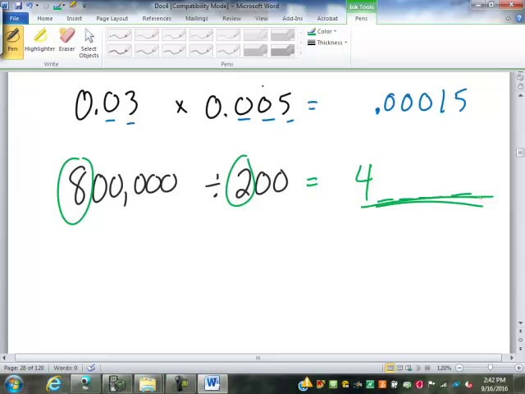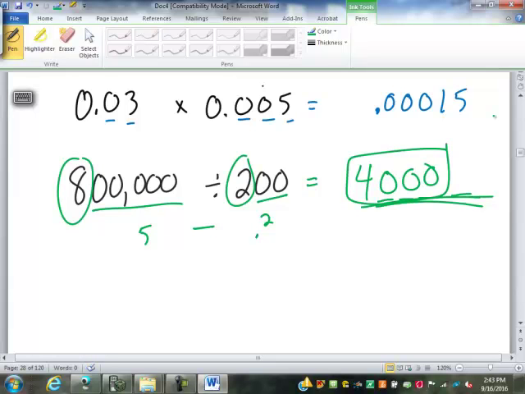Careful. 3, there you go. Because when I divide, this has 5 zeros, this has 2 zeros, I end up subtracting. 5 minus 2 makes 3 zeros in my answer. Or I could think of it as canceling them out. I have 2 here that I'm dividing by, I'm canceling out 2 of those, leaving me with 3.